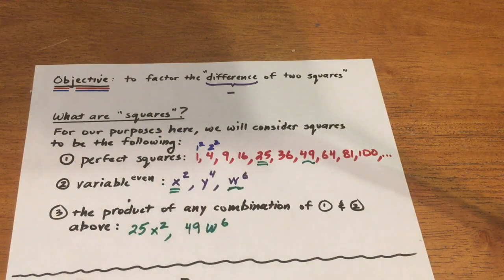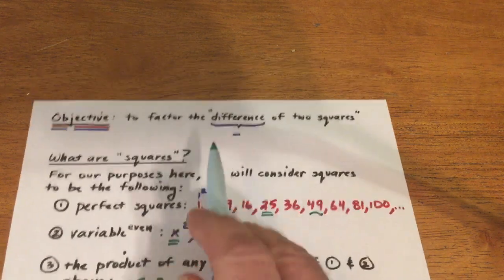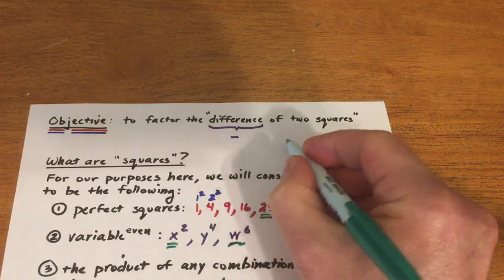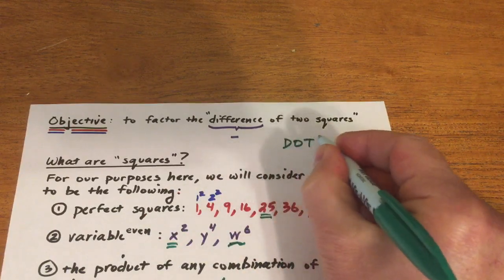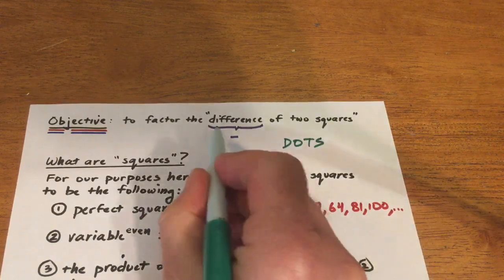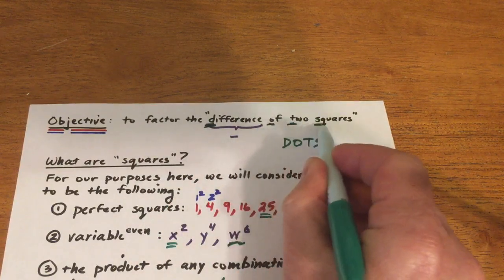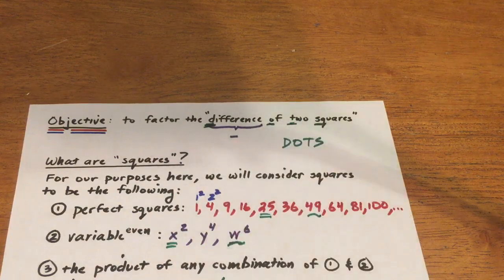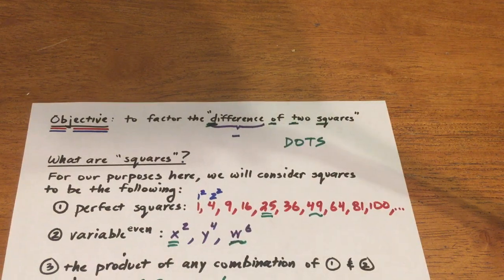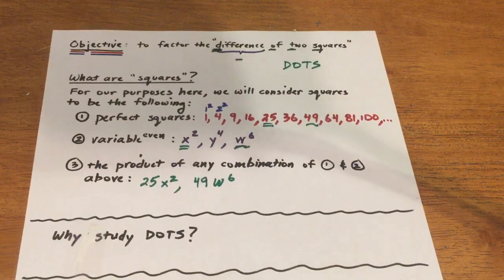Now, this pattern from now on, difference of 2 squares, I'm going to call DOTS. The letters DOTS come from difference of 2 squares, D-O-T-S. That's where the letters come from. And the question that you may have is, why are we studying this particular factoring pattern?